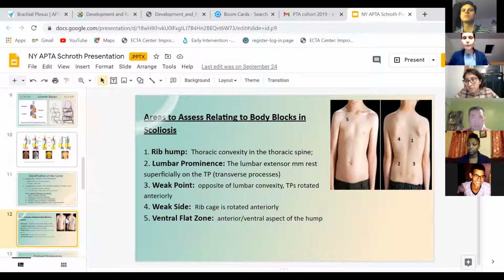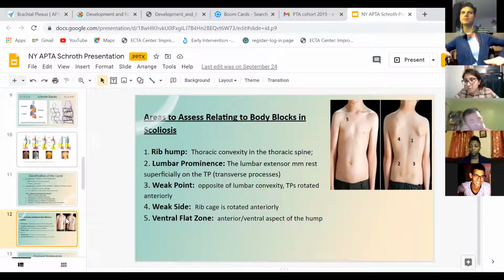The weak points are where you're actually going to put your hands and you're going to ask them to breathe into those weak points. The weak points are usually the ones that are collapsed. So the weak point is the opposite. Meaning that if I have a curve backwards here, this will be my weak point. So when I put my hand here, I'm going to ask them, can you breathe into it or push into it?